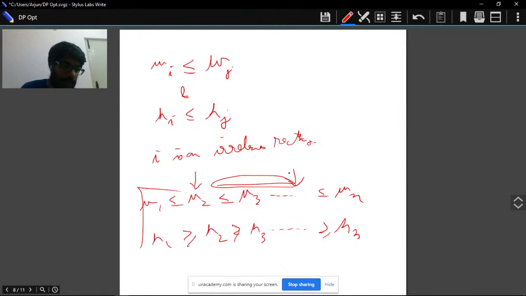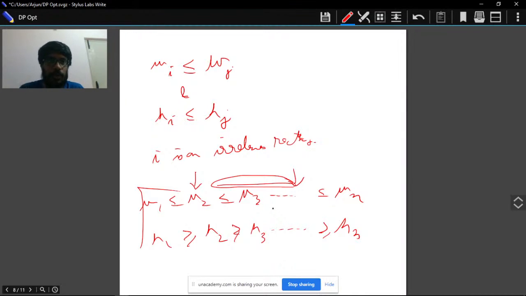So what is the observation? There exists an optimal solution in which every subset that we choose forms a contiguous segment of this order. And what is the proof? Suppose no optimal solution is like that. Then take some optimal solution in which there exists at least one subset where there are two rectangles such that everything in between is not chosen.